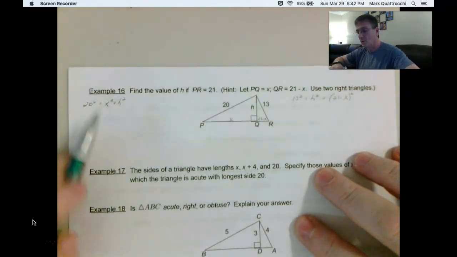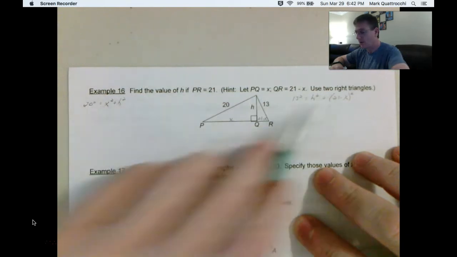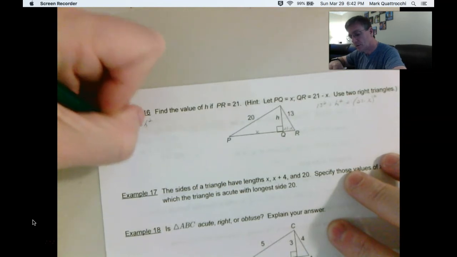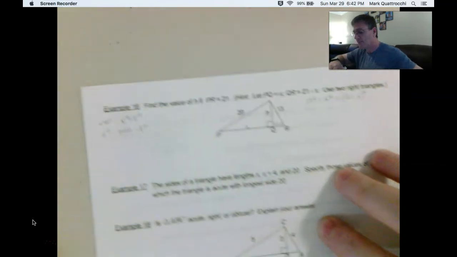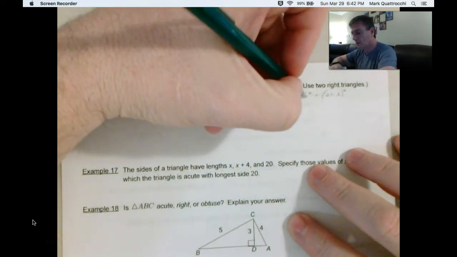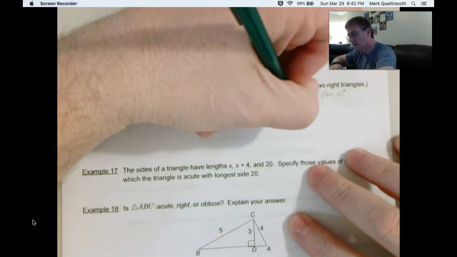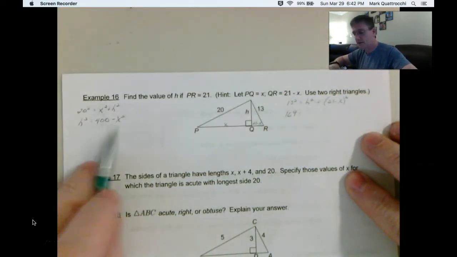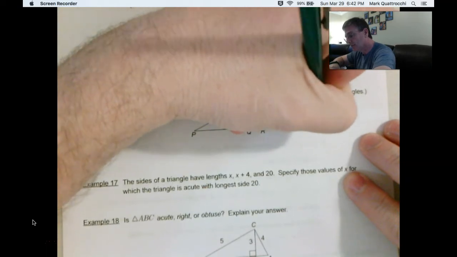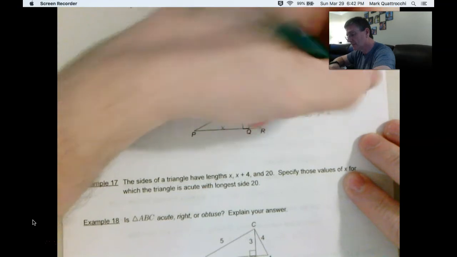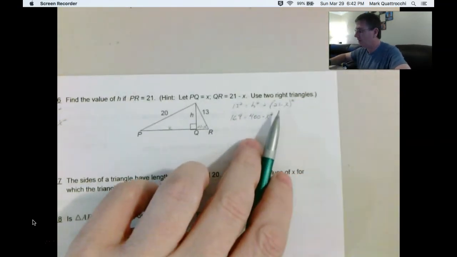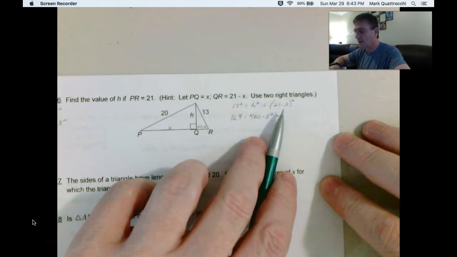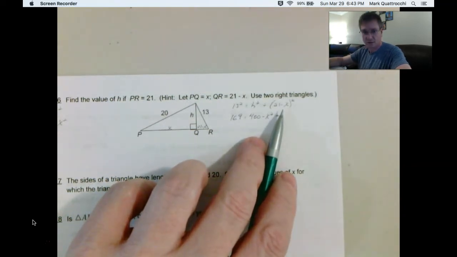Okay. Solve this one for h squared, and we're going to solve this one for h squared. h squared equals 400 minus x squared. 169 equals, I'm going to replace the h squared with 400 minus x squared. 400 minus x squared plus, and we remember from a few minutes ago that this is not just 441 minus x squared.